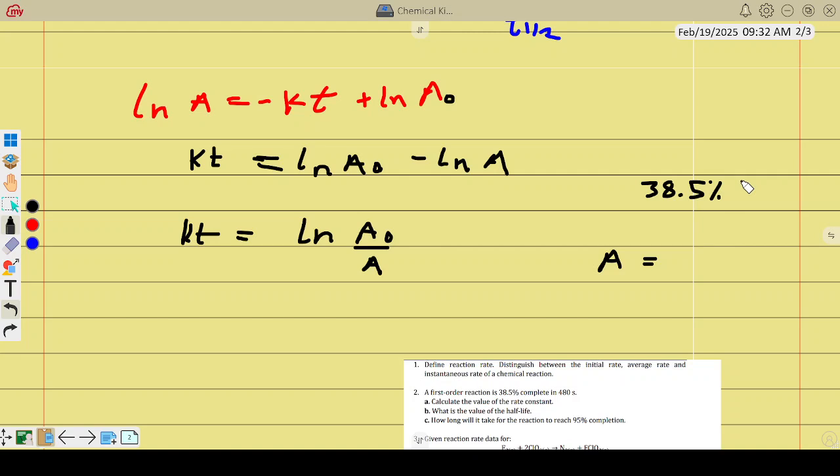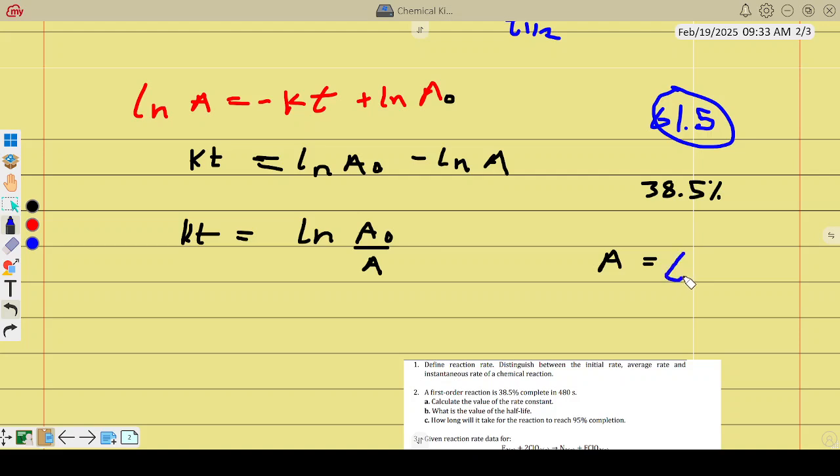So 100 minus 38.5 is 61.5. This is what remained, what is available, so that we know the final concentration.